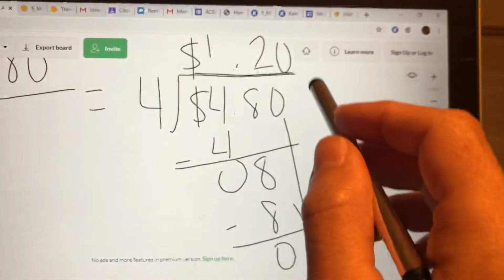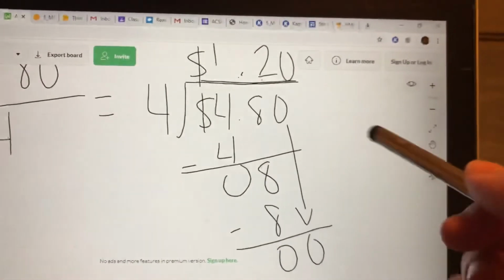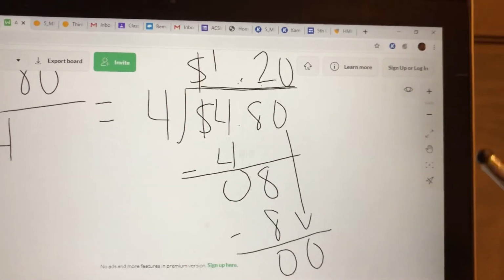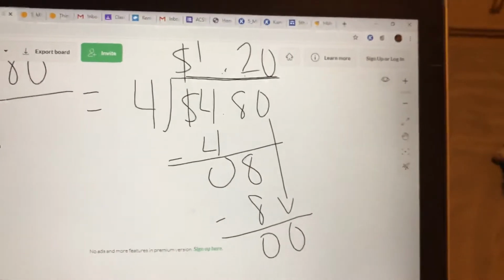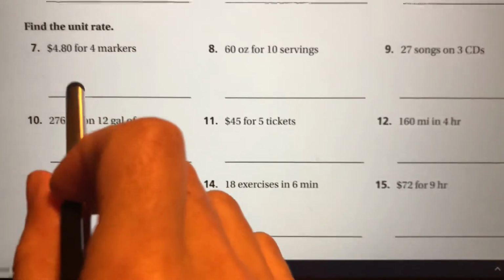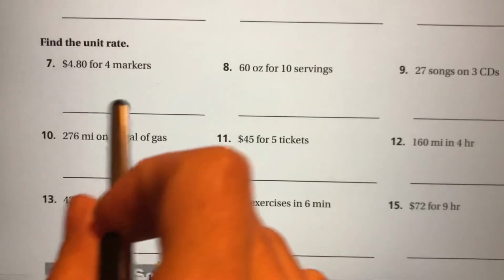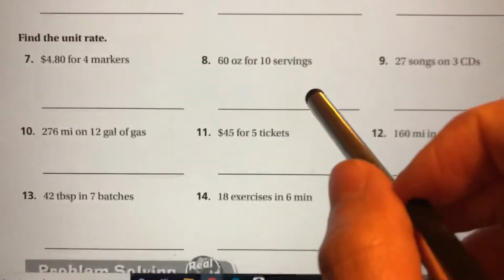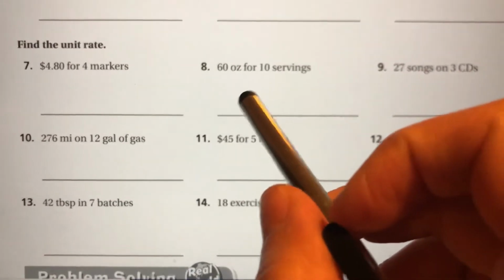So $1.20 is what each marker would cost if you were to buy it separately. So for number 7, $4.80 for 4 markers, you would write here $1.20.